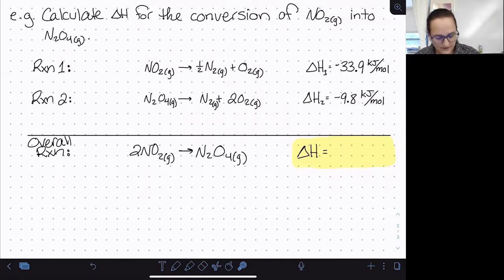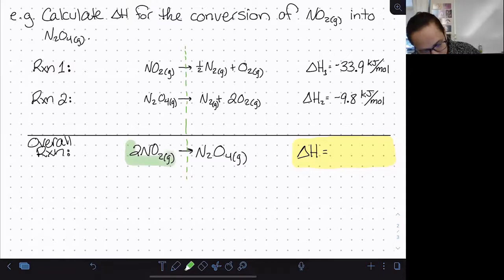Looking at our final reaction, we can think about what's on the left, what's on the right, where do I need things, how much do I need? Right now, I have 2 NO2 on the left. So I need to find somewhere in one of these reactions 2 NO2 on the left.